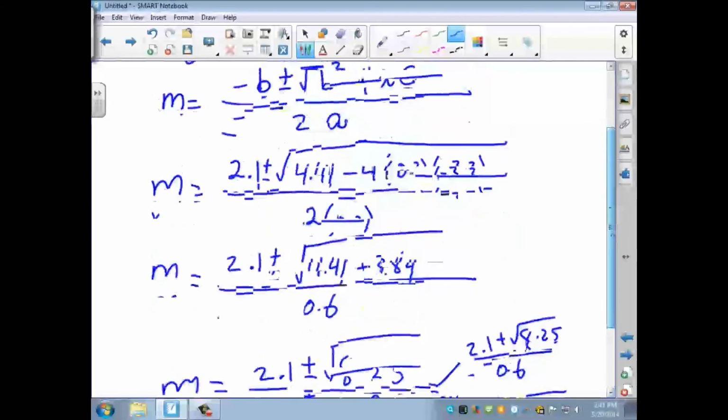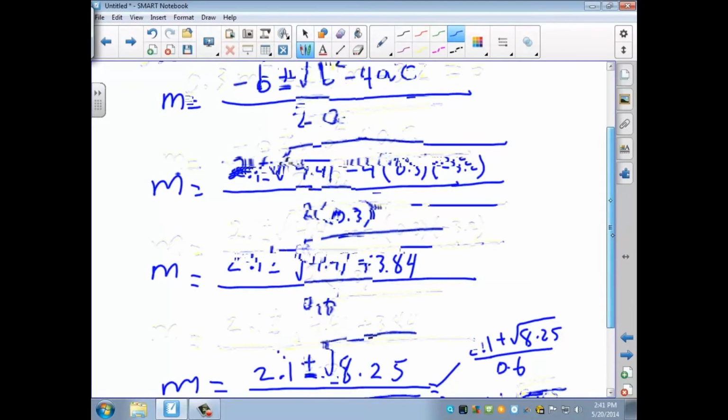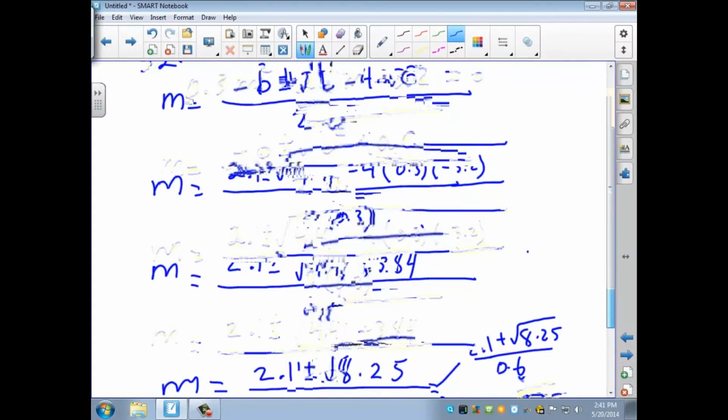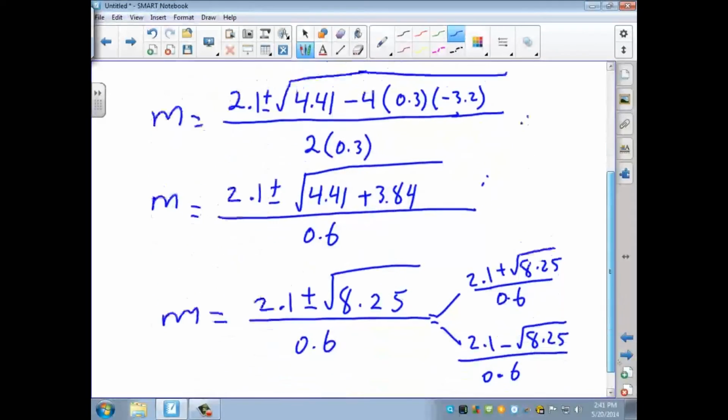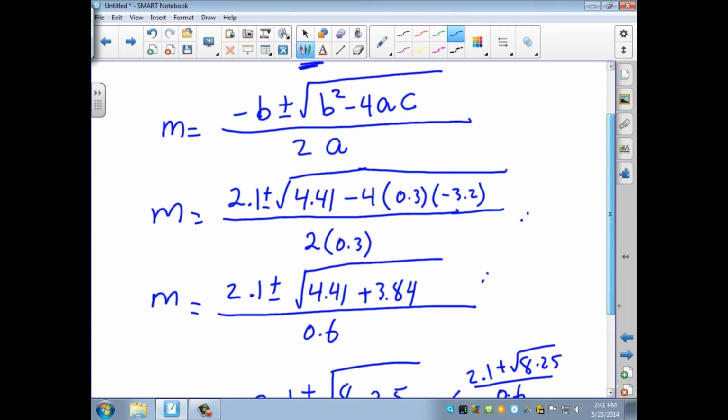Hopefully I did the calculation correctly when I did this multiplication in these two steps, and if I did, that would basically be your answer.